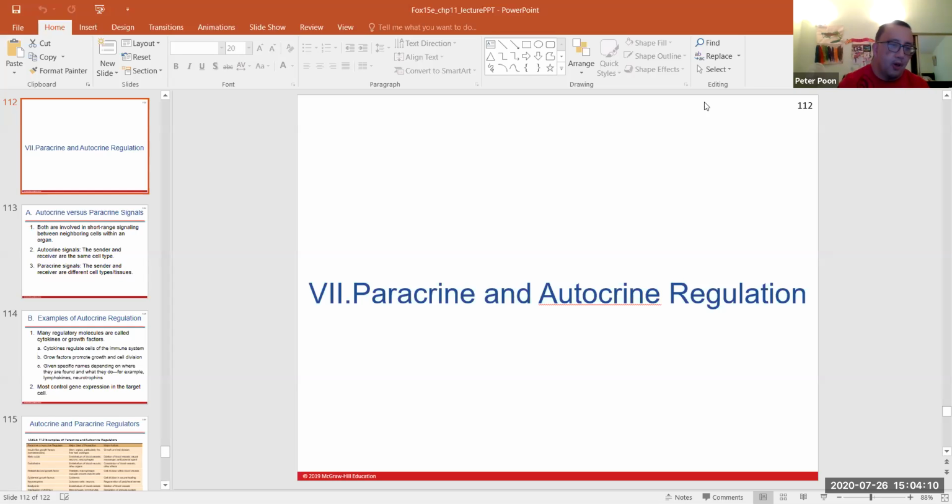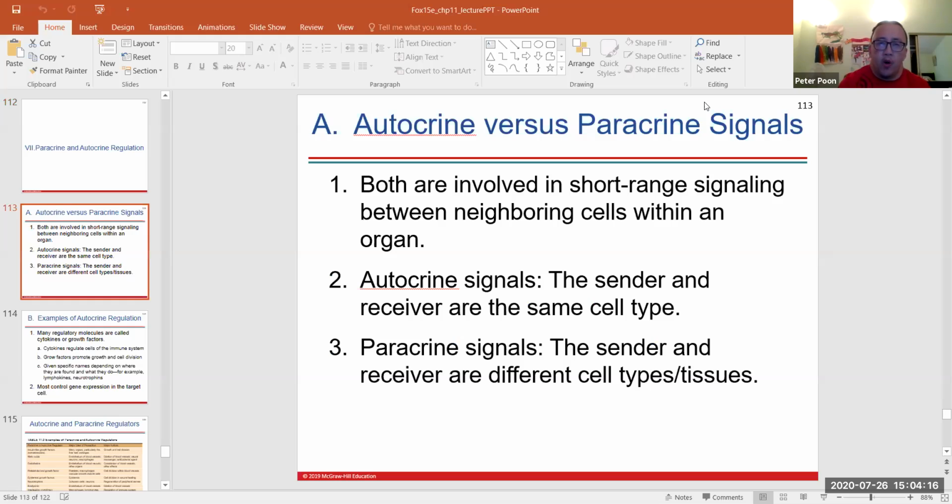We'll go through the last couple of slides very quickly. Paracrine versus autocrine regulation. Para means around, so the sender and the receiver are different cell types and tissues, but they're very close to one another. Paracrine doesn't really use the bloodstream at all.